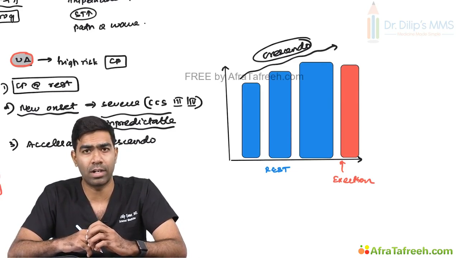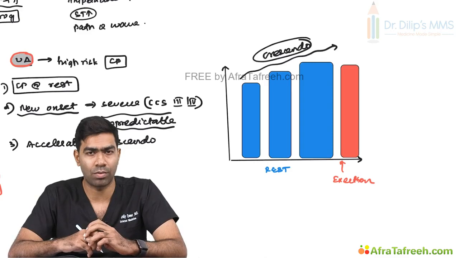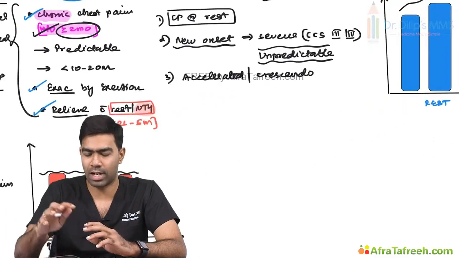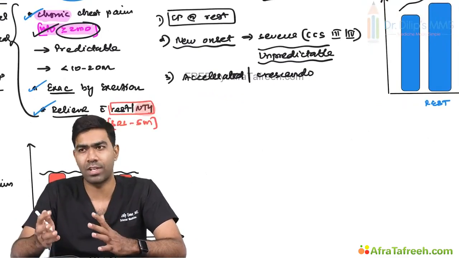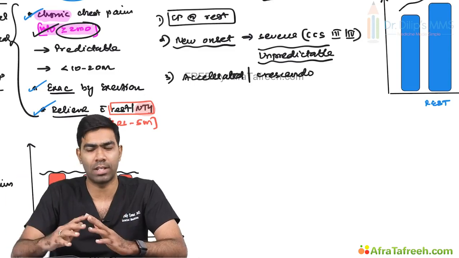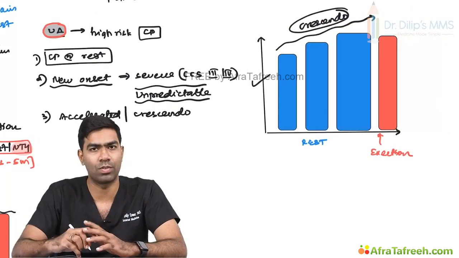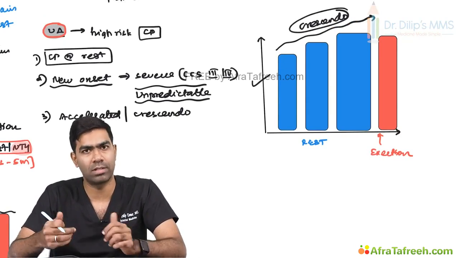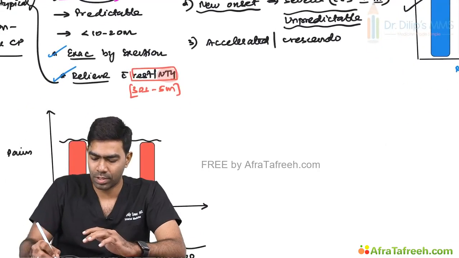It's getting unpredictable, more severe, and more frequent than what they used to get before. So this is an unstable feature. This is a high-risk feature. That's why you're keeping it under unstable angina. For a patient with chronic stable angina moving into unstable angina, this graph will be extremely useful. So getting a rest pain or getting more pain and unpredictable pains is a very, very important high-risk feature.